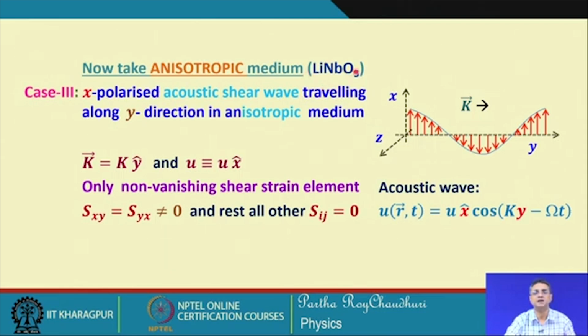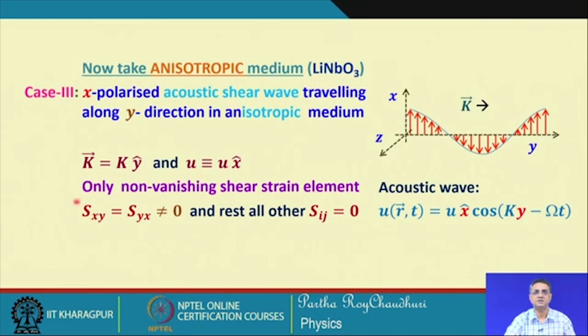So, we consider lithium niobate, which is a very important anisotropic crystal with many other properties. The acoustic wave is travelling along the y direction and it is polarized in the x direction.